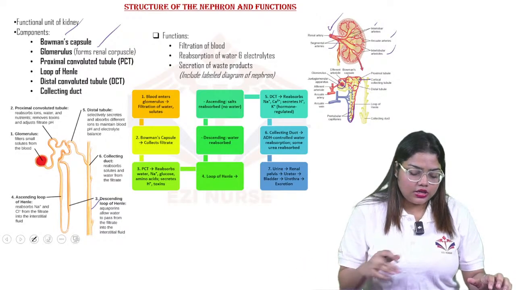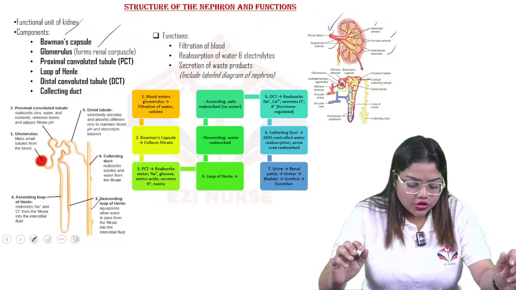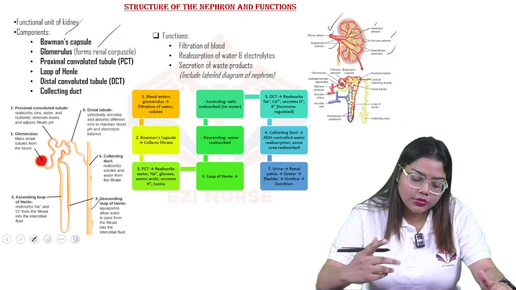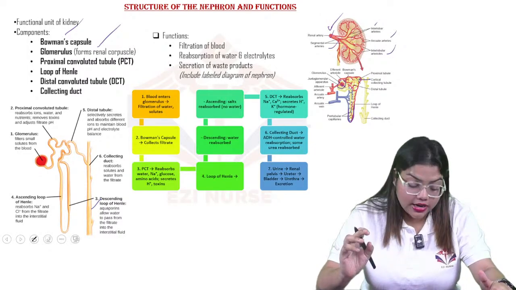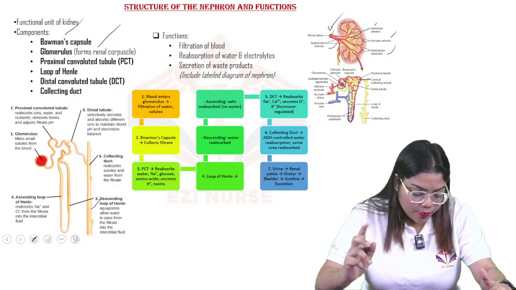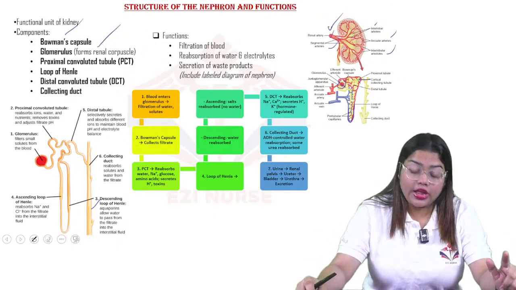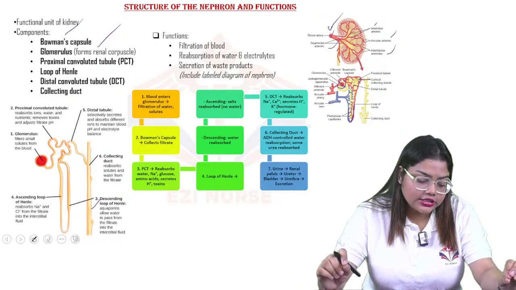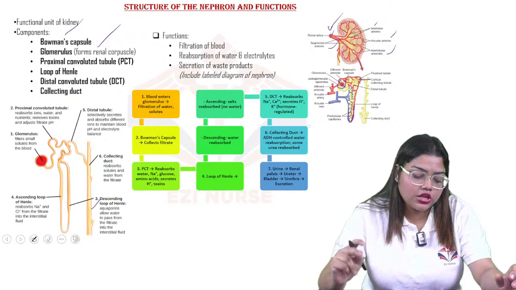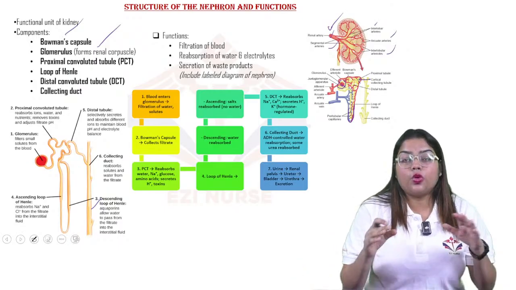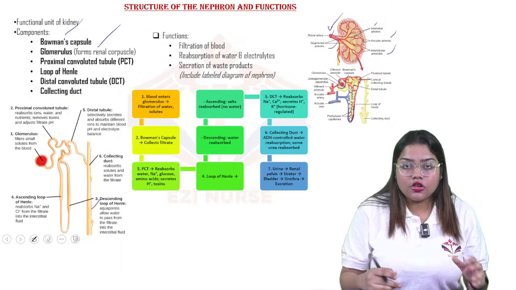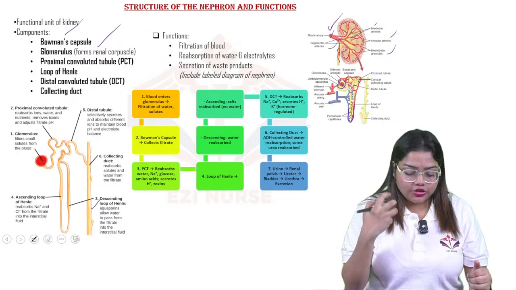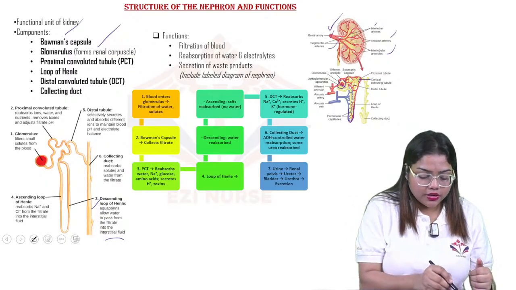This one has aquaporins, which allow the water to pass from the filtrate into the interstitial fluid, whereas the ascending loop of Henle will reabsorb the sodium ion and calcium ion from the filtrate into the interstitial fluid. So both of these are filtering the ions from the fluid and giving them into the interstitial fluid. Okay, remember this.